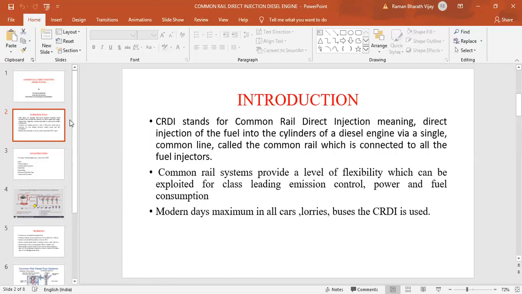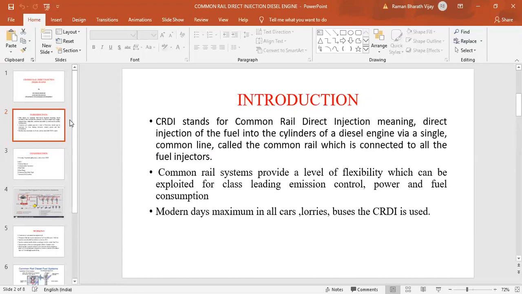For this supply of fuel from the injector to the cylinder, we have to supply fuel to the injector. From the fuel tank, we pump the fuel and take it to the injectors.